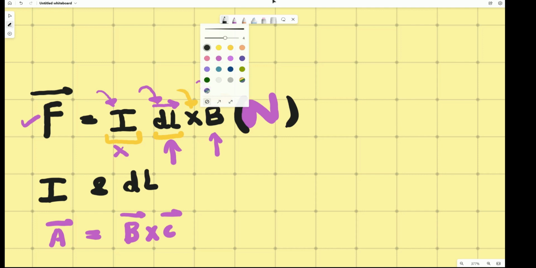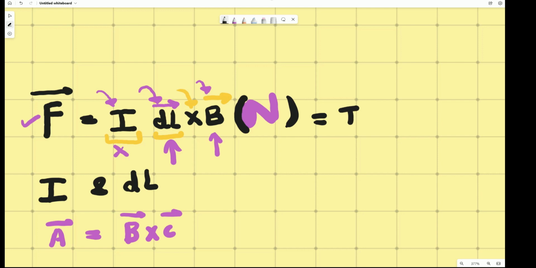So this is a straightforward Newton. Now I'm opening this expression and this is equal to I dl, and also because this is a small part of the current carrying conductor, the force is also written as dF. A small force is experienced by a small current carrying conductor. So this is the small force. This is a small length.